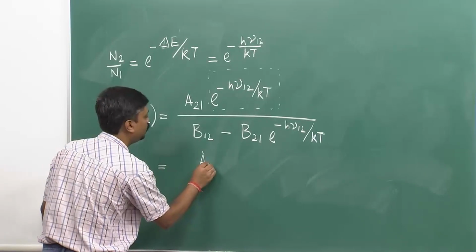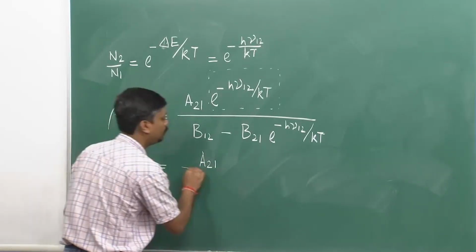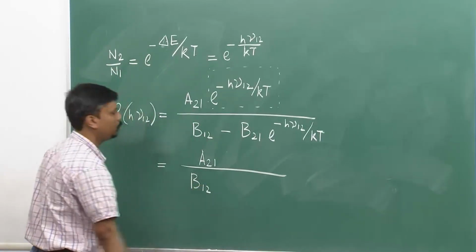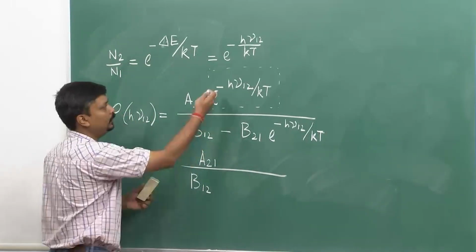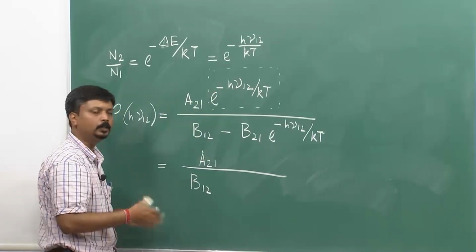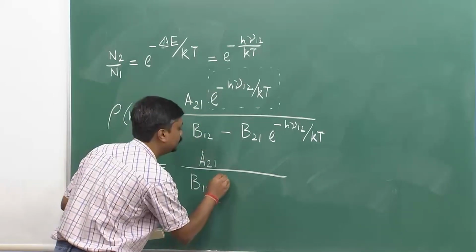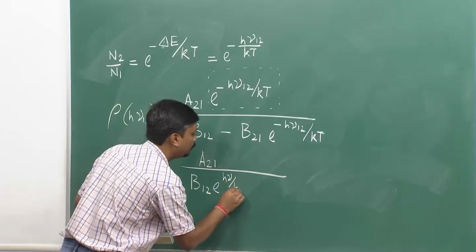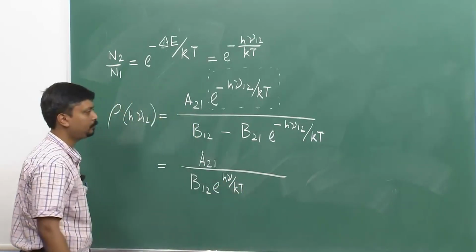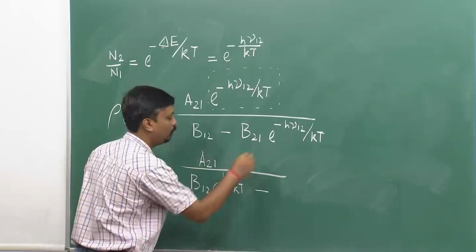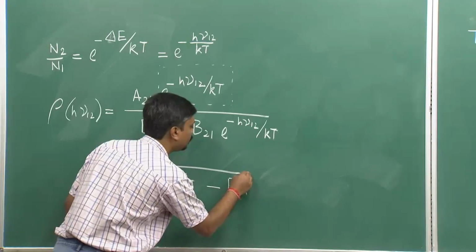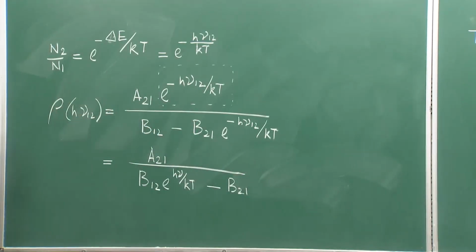I get B21 divided by B12 divided by e to the power minus h nu by kT. So it becomes e to the power plus h nu by kT, and I am not writing this 1 2 anymore, minus only B21. Fine, so this is my rho value.